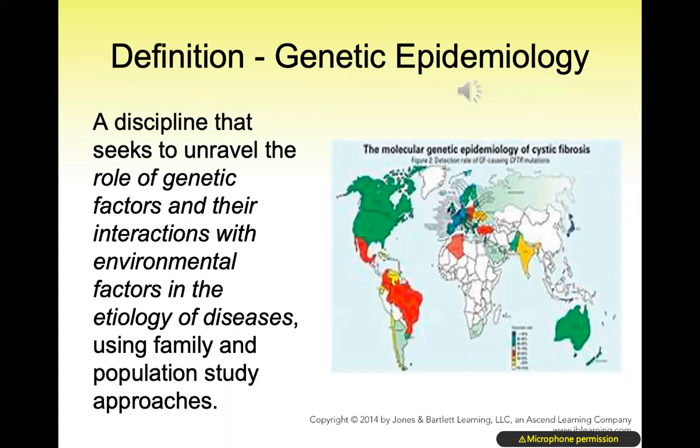The countries highest in the prevalence of cystic fibrosis are in green, while those lowest tend to be white. The prevalence is actually increasing in some countries, and genetic epidemiologists will be following this to try to understand how and why that's happening.